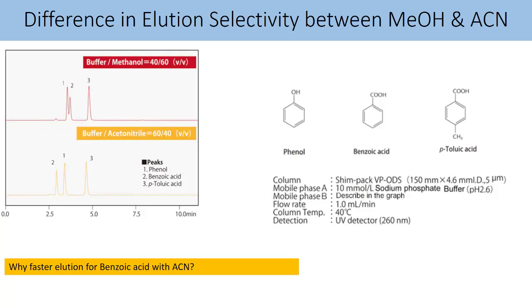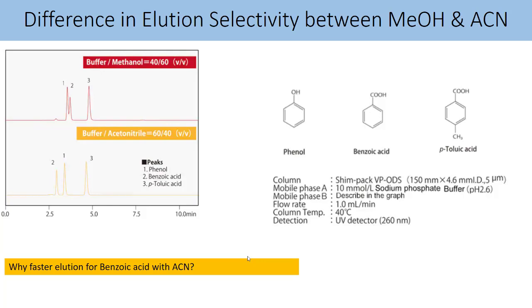The column used is SIMPAC VP ODS. With methanol, the elution order is phenol first, then benzoic acid, and then para-toluic acid. But with ACN, benzoic acid elutes first, then phenol, and at the end para-toluic acid.